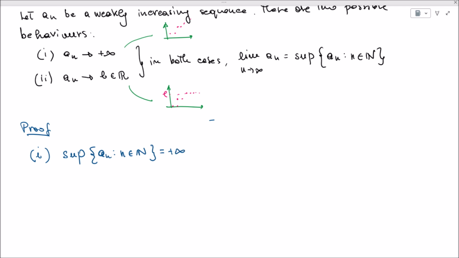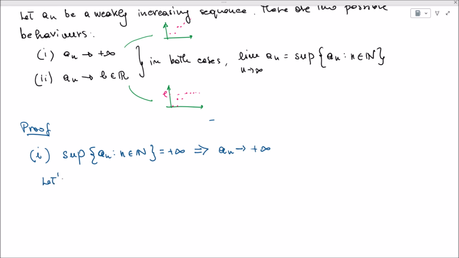So let's see if we have that the supremum is equal to plus infinity, it will suffice to prove that an will then diverge to plus infinity.